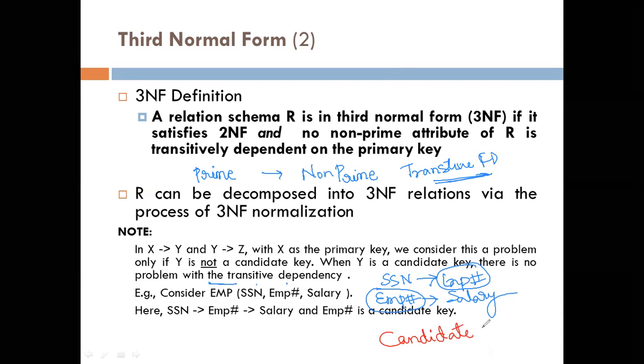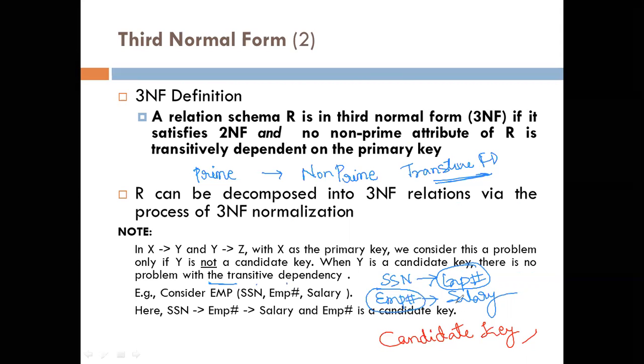So candidate key means it is also a contender for a primary key. So one more additional thing that we must consider when we have a functional dependency is the intermediate set of attributes which we have should also be a non-prime attribute.